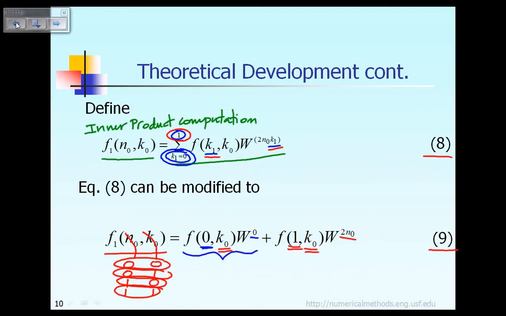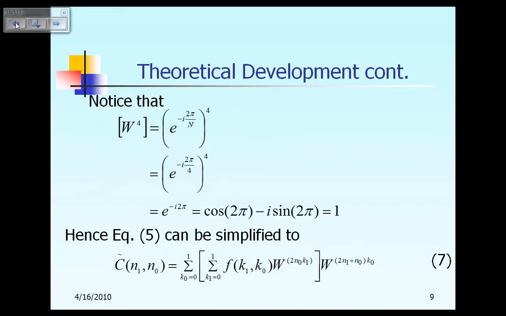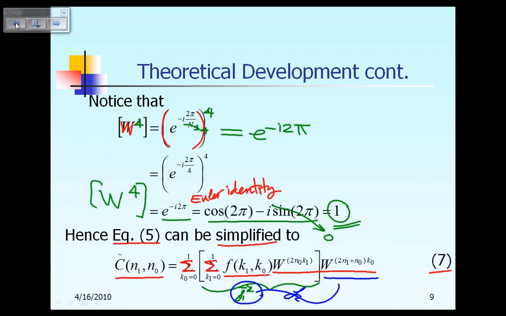After we obtain the vector f1, we take this term, which is w raised to the power 2n1 plus n0, the whole thing times k0, as shown in equation 7.